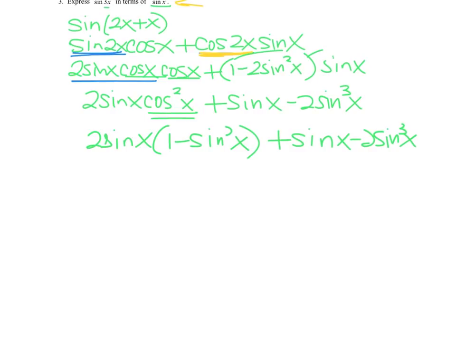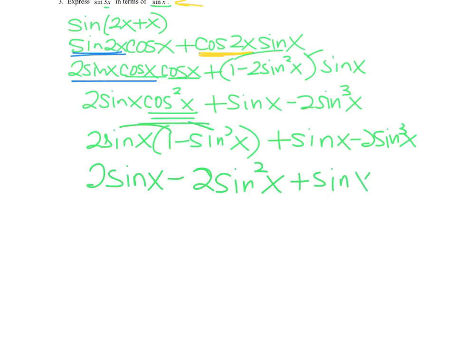It's a lot, I know. Then we'll take that 2 sine x and distribute it in. So I'll get 2 sine x times 1 minus 2 sine squared x plus sine x minus 2 sine cubed x.